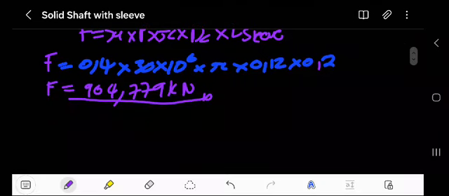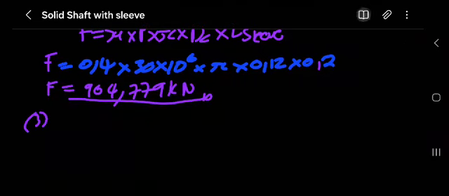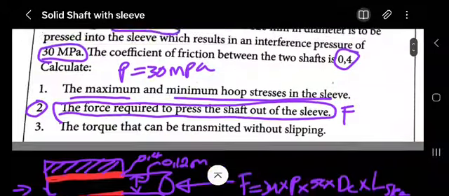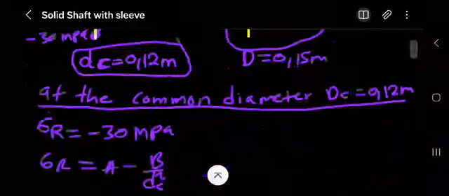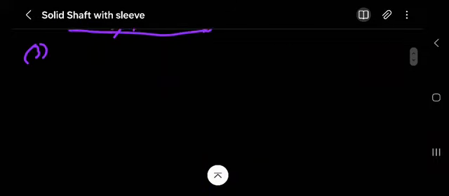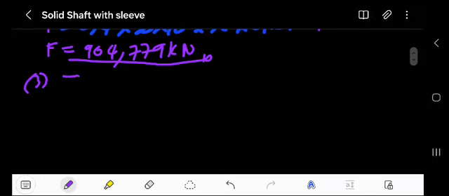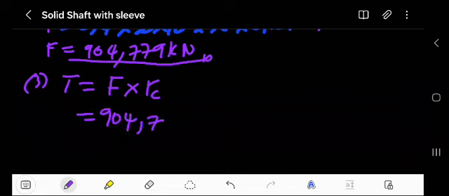So number 3 says we should calculate the torque that can be transmitted without slip. The torque will be equal to force multiplied by the common radius. The force we have already calculated is 904,779, multiplied by the common radius.